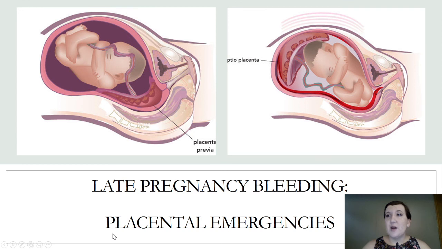If it is marginal, just covering a portion of that cervical os, as long as they're hemodynamically stable, we can attempt a vaginal delivery, but they are at definite risk for a postpartum hemorrhage, as that part of the uterus cannot contract very well.